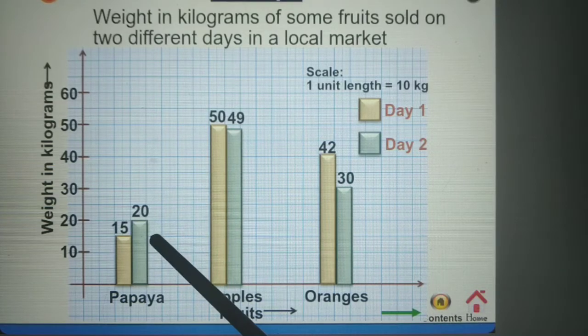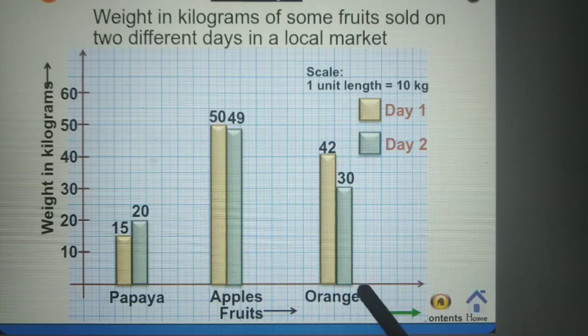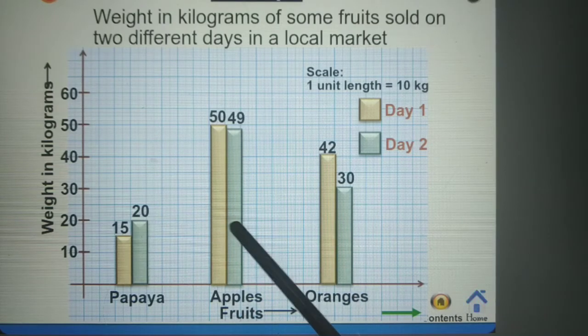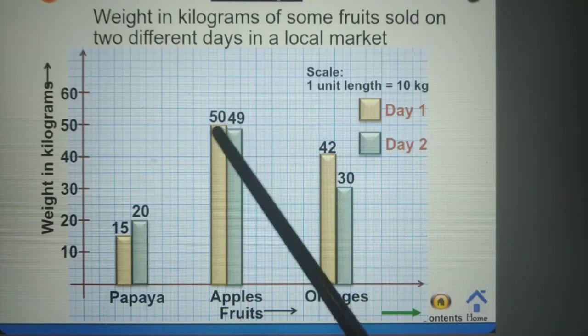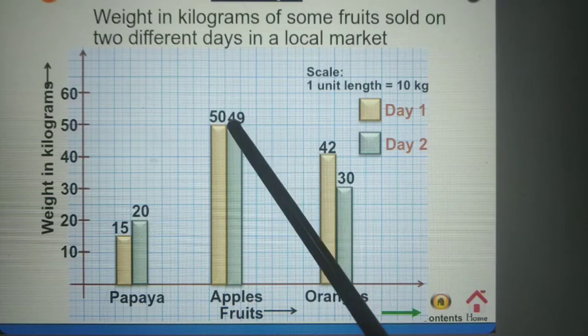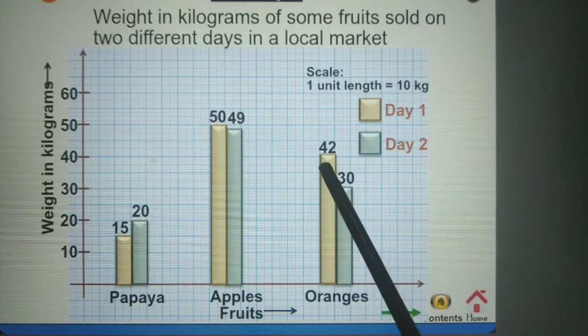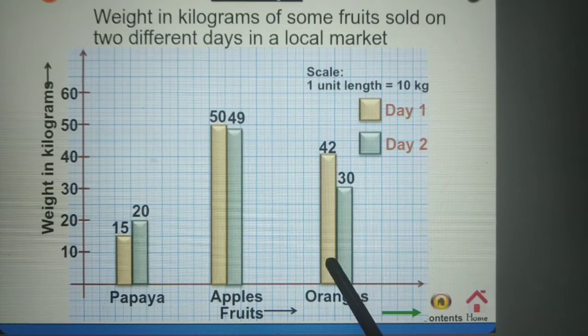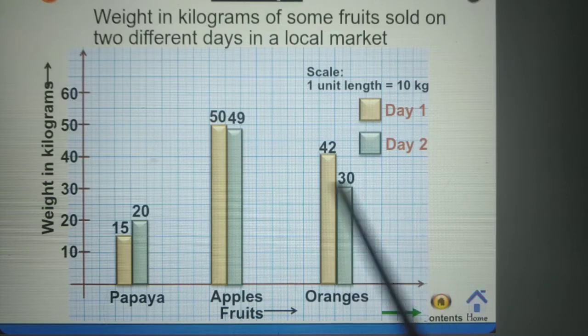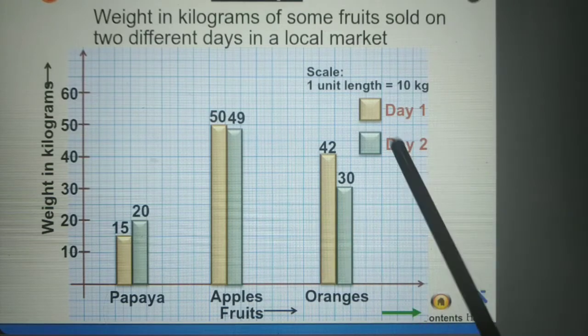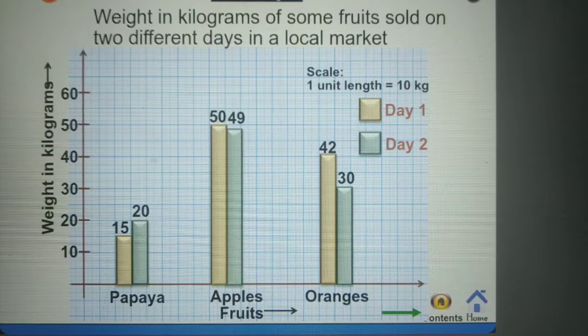You can see here that papaya sold more as compared to the first day. Now what about apples? Apples have approximately equal sale, 50 or 49. But oranges are sold less on the second day as compared to the first day. So we can compare so many things using a double bar graph.